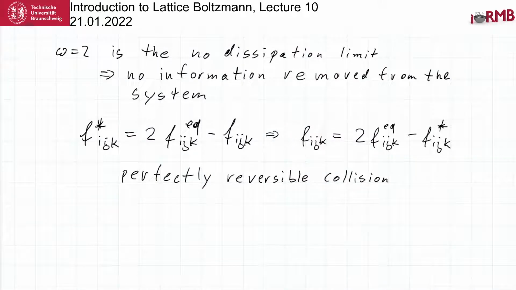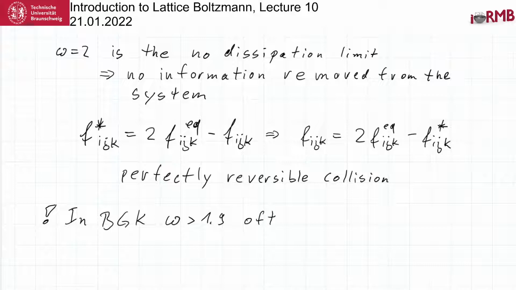Now, as we say, it's not plausible that simulations can do this, and in fact what we observe is that in the BGK equation, omega larger than 1.9 or so often leads to instability.